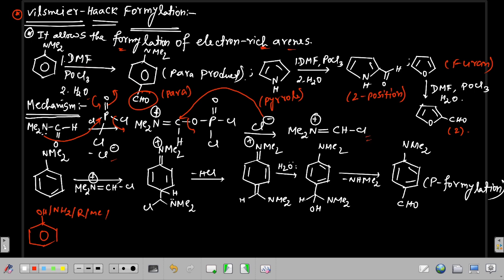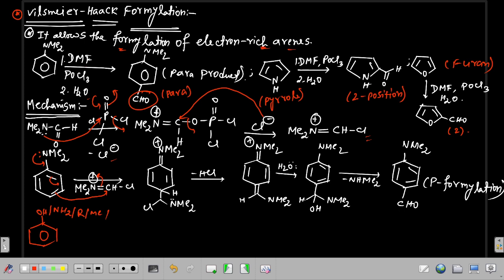It will form this intermediate. Now this arene will attack this intermediate to form the formylated product. This aniline has a nitrogen lone pair, so it will push this lone pair. This bond will shift, and this bond will attack the carbon, and this bond will shift, which leads to the formation of this species.